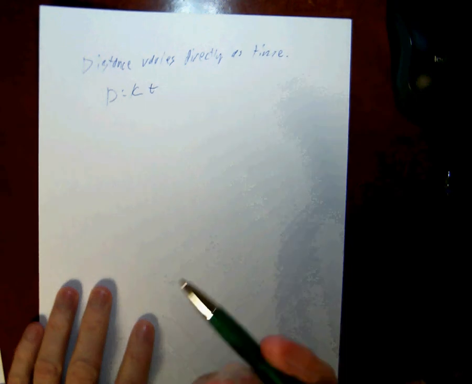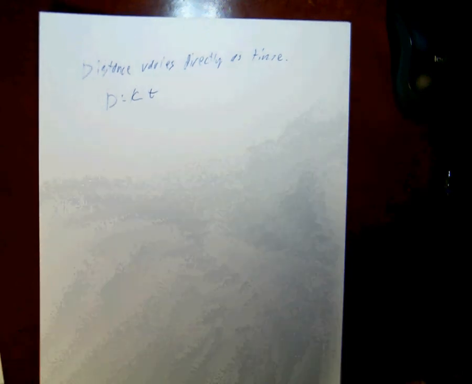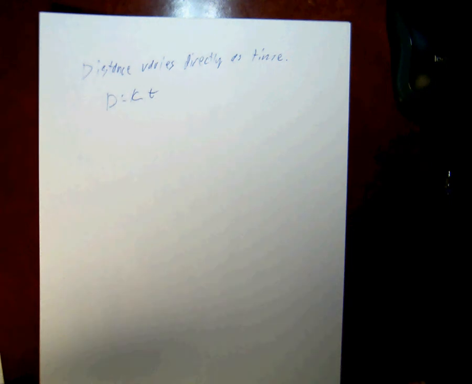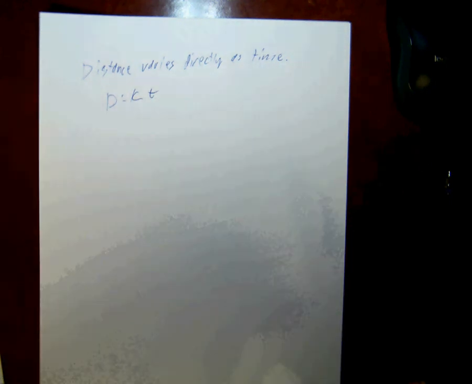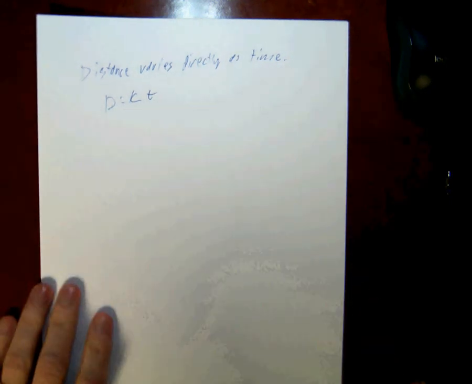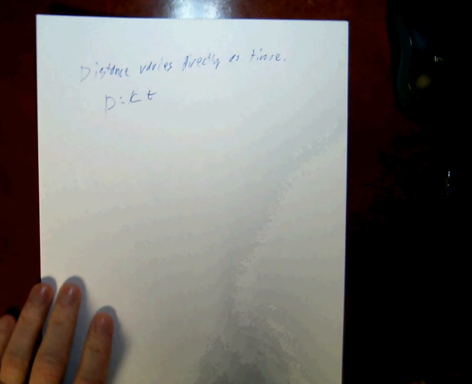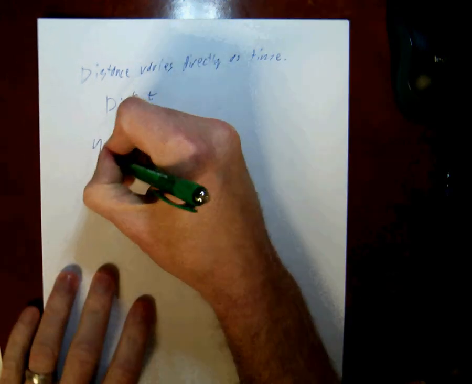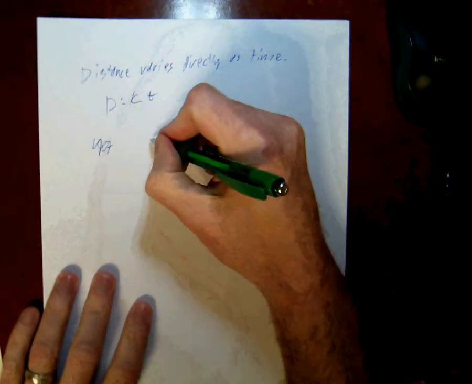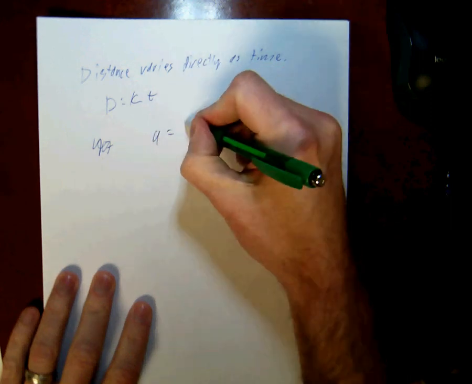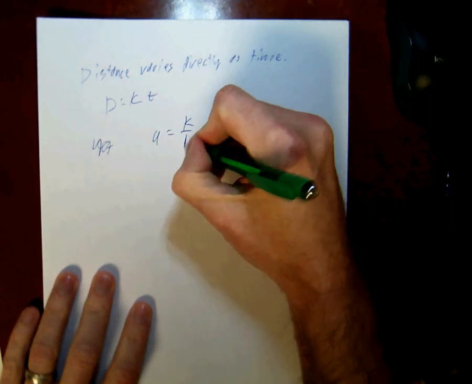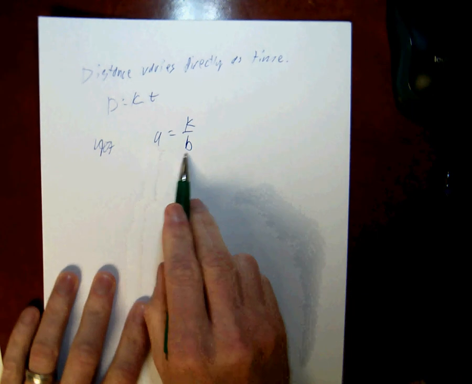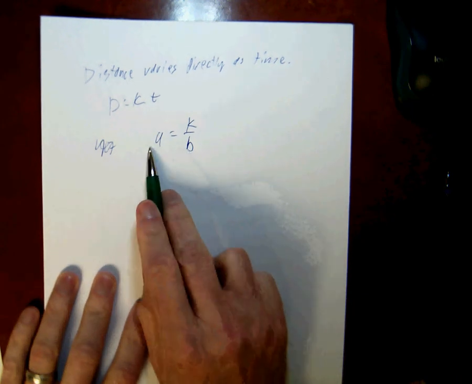Just to kind of prepare you, your homework is a worksheet I sent out. I thought about assigning the problems out of the book, but I didn't like it. So the first part of it is identify what kind of variation it is. Let's say I tell you a is equal to k over b. If you see some sort of fraction, a equal to k over b, and I ask what kind of variation this is?